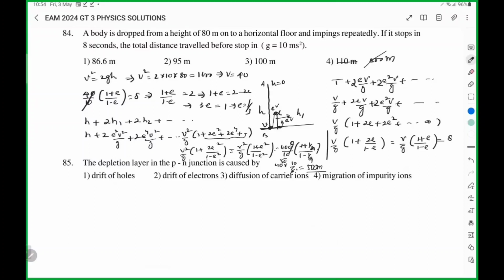Like the depletion layer in the PN junction. So here it is a semiconductor. Once it is doped, you will get an N-type semiconductor as well as a P-type semiconductor.